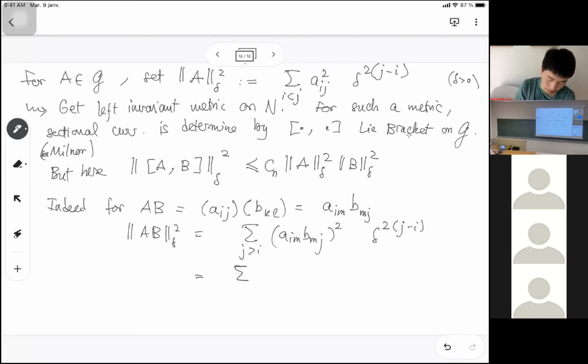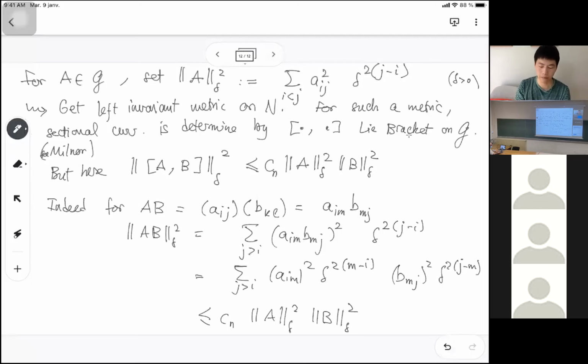Because of this inhomogeneous rescaling by delta to a certain power, you get a nice behavior when you take products, and in particular when you take Lie brackets, you get that the Lie bracket has norm bounded by the product of the norms, but that implies that the sectional curvature is upper bounded by a dimensional constant.